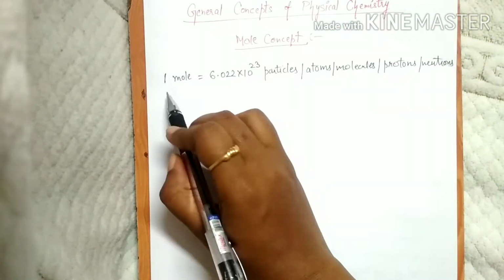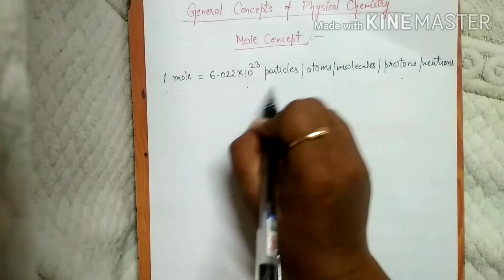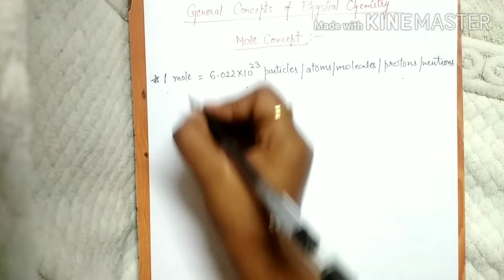Okay, 1 mole is always equal to the Avogadro number of them.